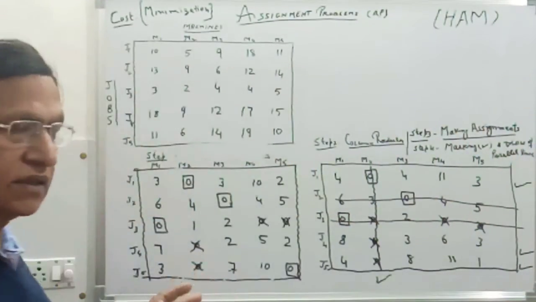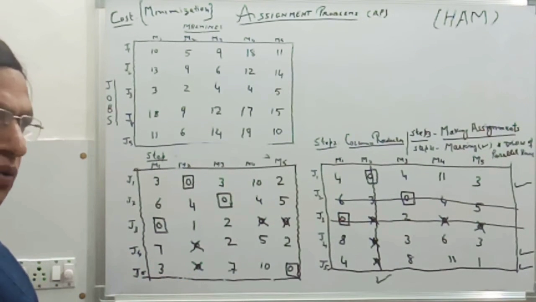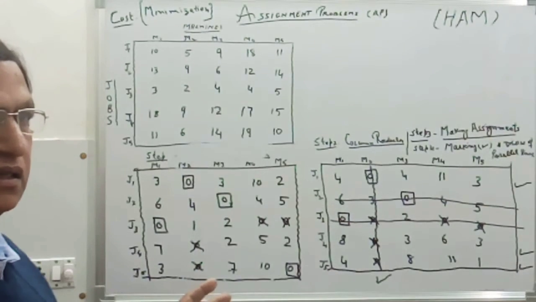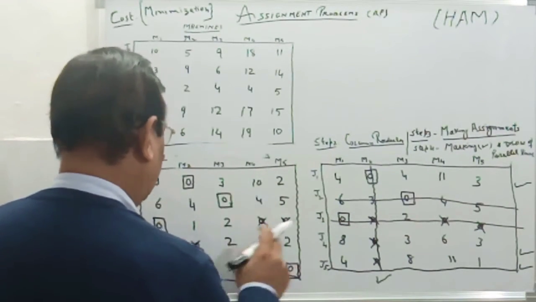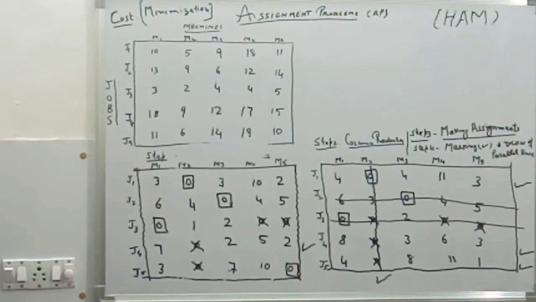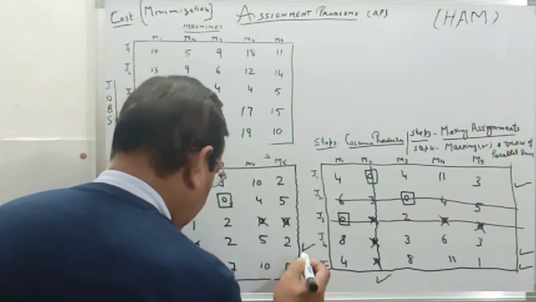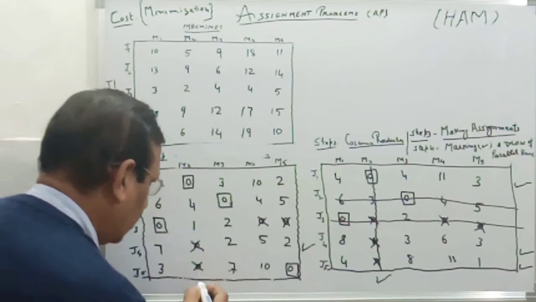So again marking, same rule. Mark the row in which there is no assignment. Assignment is there, assignment is there. So only the first row. Then mark the column in which there is 0 in the marked row. This is the marked row and 0 is here.